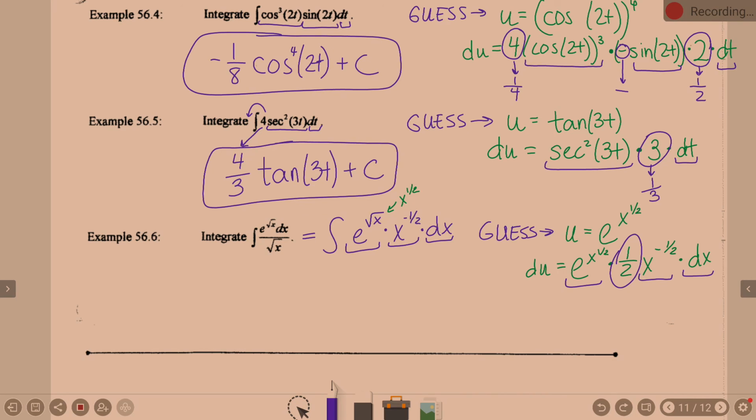What has to go in your answer? A 2, because we're compensating for the 1/2. Okay. What's your answer then? 2e to the square root of x plus c, or 2e to the x to the 1/2.